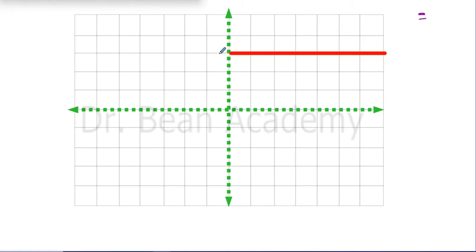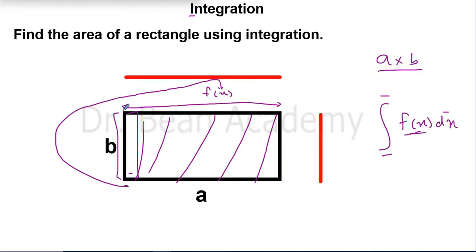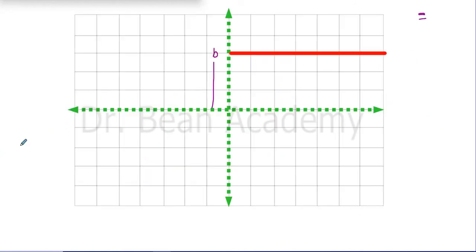So here the point is b, because the width of that rectangle was b. See here, this width is b. So I place this line in the Cartesian plane, and this point is b from the origin, and this is the point where this line is ending.